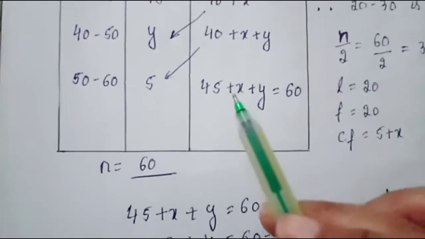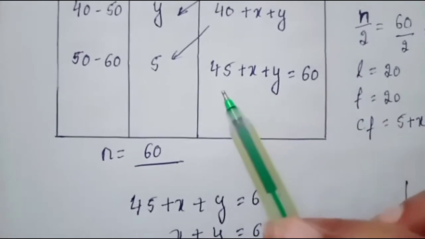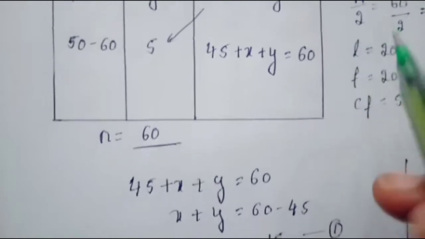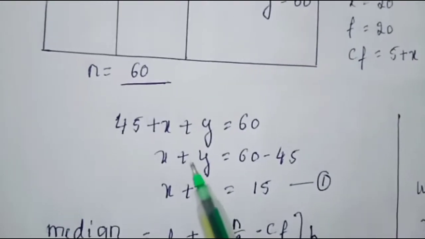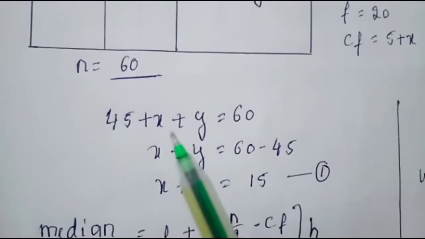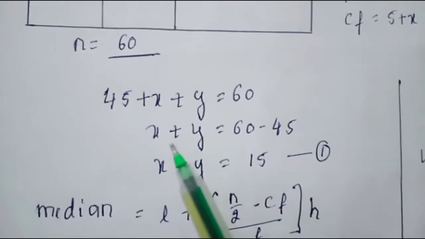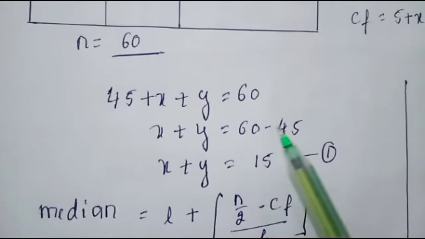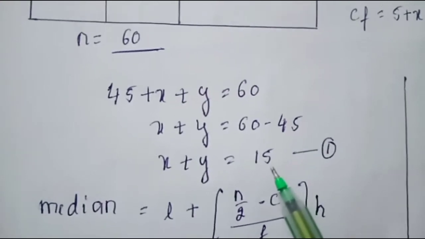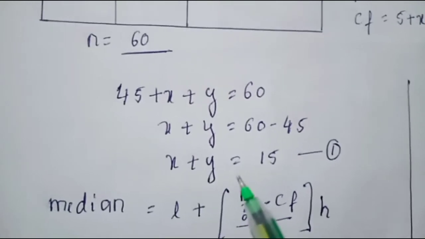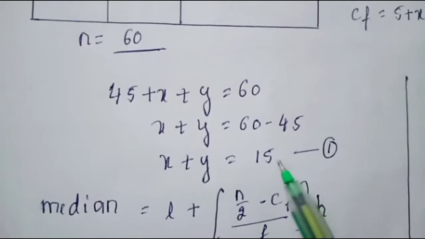From this we got one linear equation: 45 plus x plus y equals 60. Take that linear equation in two variables. Send 45 to the other side: x plus y equals 60 minus 45, that is 15. So we got one equation in two variables, x plus y equals 15.